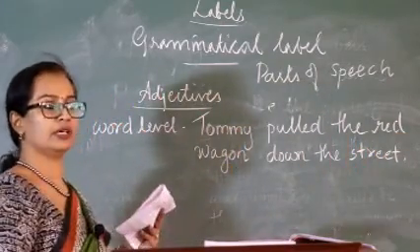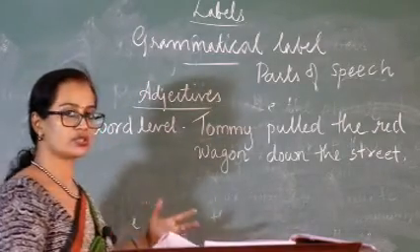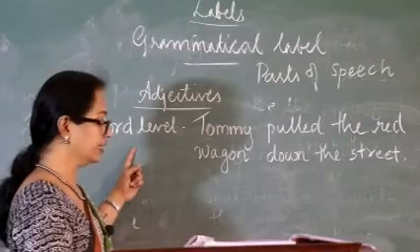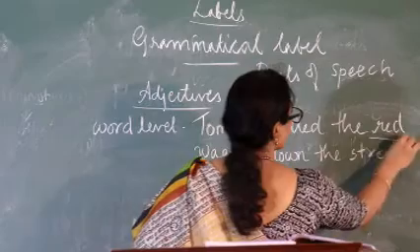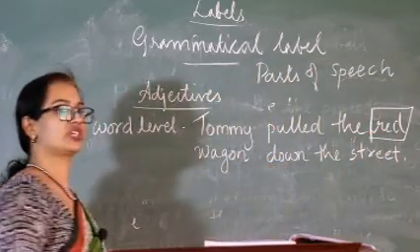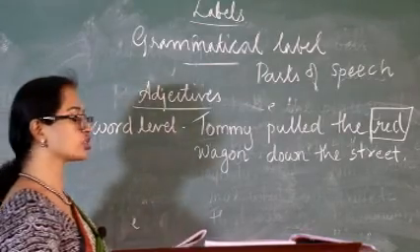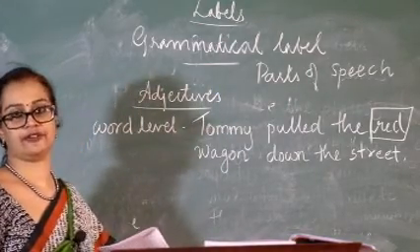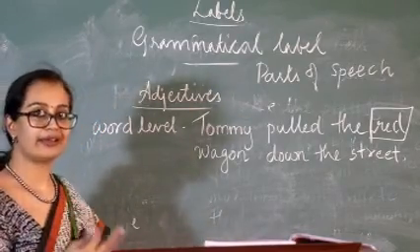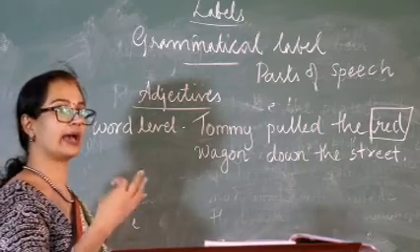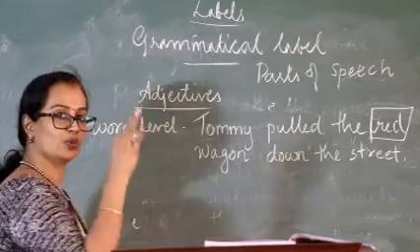Adjectives, like the nouns, are also divided according to the levels. The first one is the word level. Look at the sentence: Tommy pulled the red wagon down the street. At the word level, the word red functions as the adjective. So Tommy pulled what? Red wagon. It is describing what? The wagon. Red wagon down the street. So this is the word level.